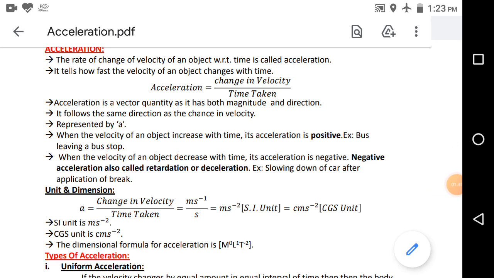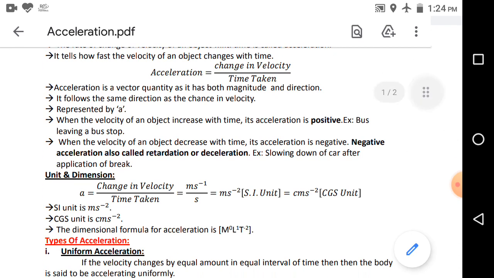When the velocity of an object decreases with time, its acceleration is negative. That means the velocity of the body is decreasing with increase in time. Negative acceleration is also called deceleration or retardation.